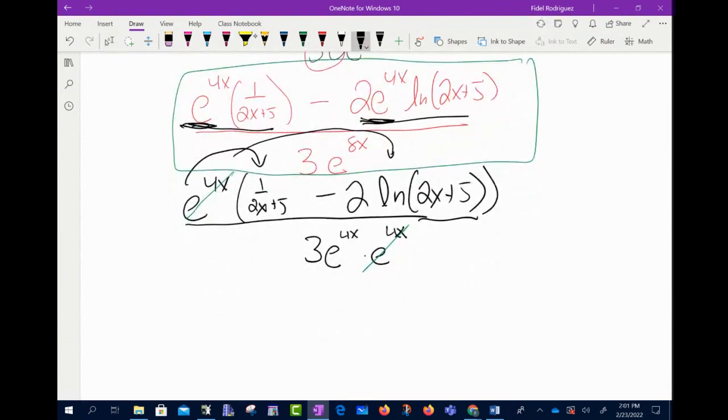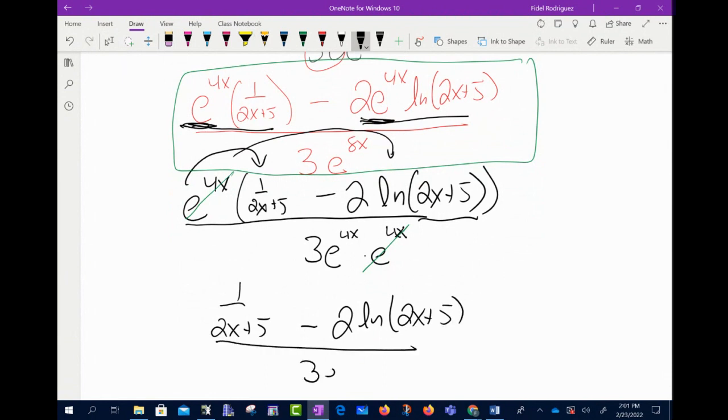And if we do that, we're going to end up with a 1 over 2x plus 5 minus 2 natural log of 2x plus 5 all over 3 e to the 4x, right? Because remember, I had an 8x here, and isn't this e to the 8x really the same thing as e to the 4x times another e to the 4x, because I'm really adding my exponents together?